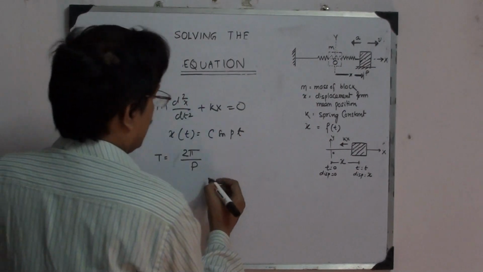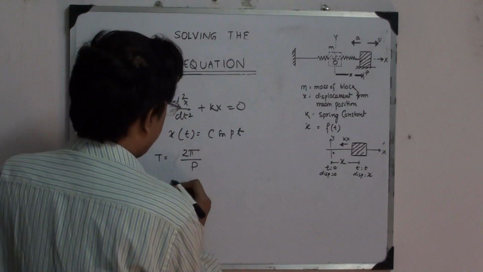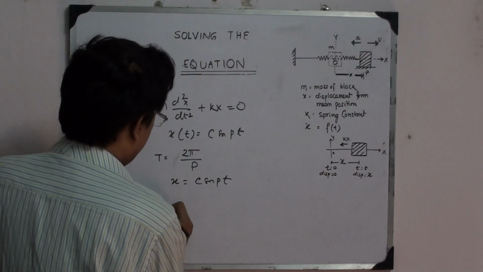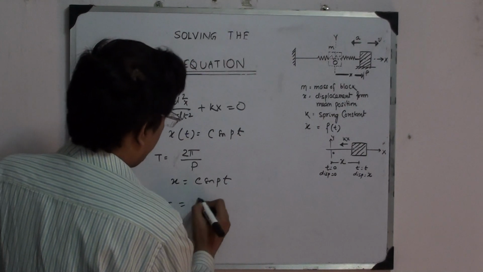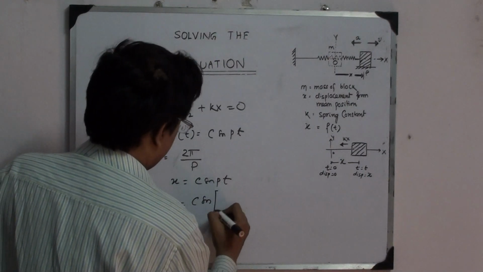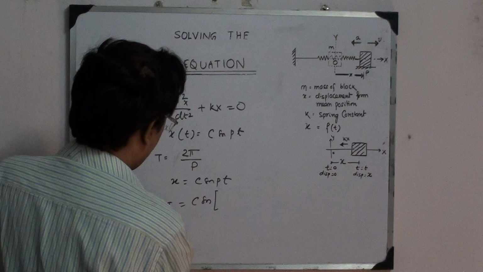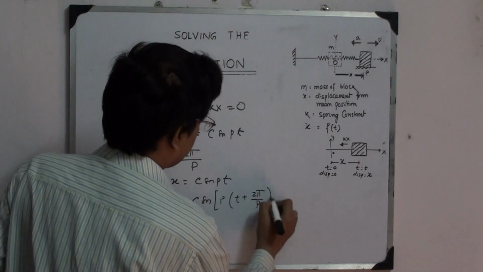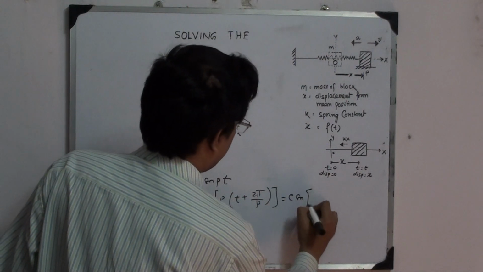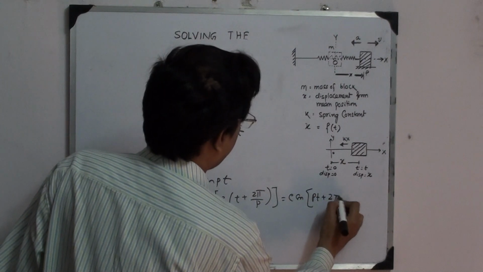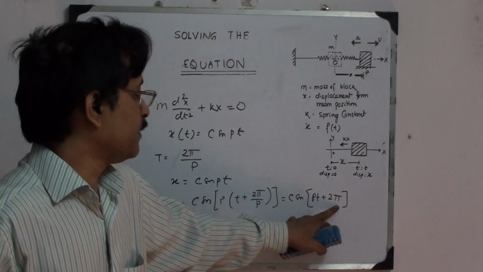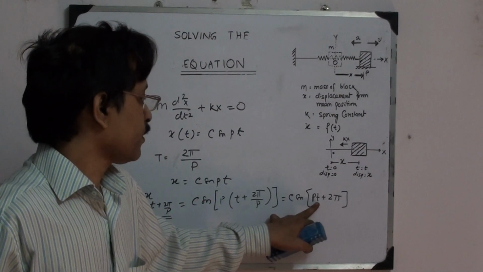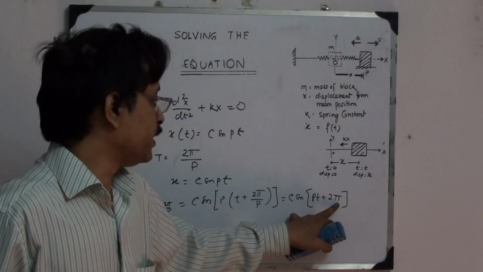You can verify yourself that if you take a particular time t, x is equal to c sine pt, and you take x at t plus 2 pi by p, then you have to put here c sine, instead of t you put this value, so p into t plus 2 pi by p, this is equal to c sine pt plus 2 pi, and you know any sine function of pt, if you add 2 pi to it, it is the same.